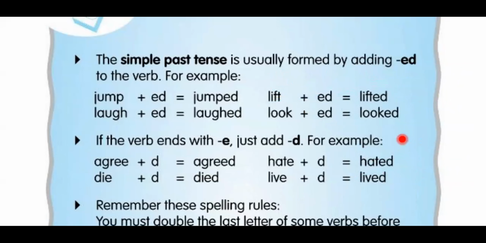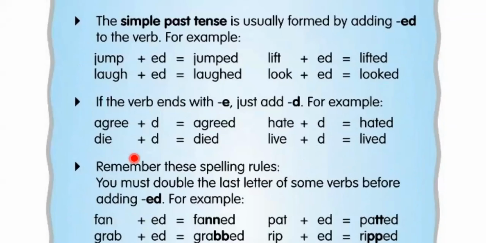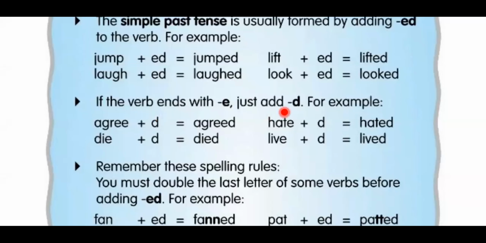So what are we studying? Simple past tense. Very good, where we add ed. Now here are the words. See, if the verb ends with e, just add d. For example, agree, agreed.